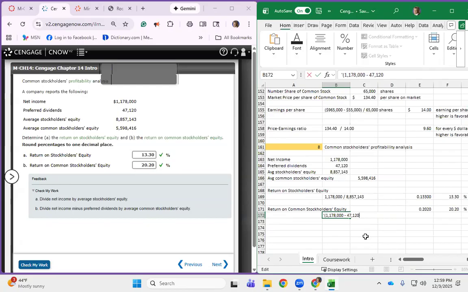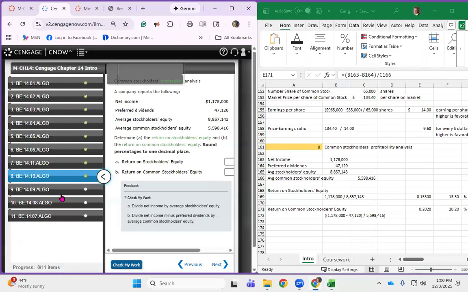Then we're going to divide by the average common stockholders' equity amount, 5,598,416. I know that really should be in another set of parentheses. Remember, you always work in the most inside parentheses first. So that's the calculation to get this.